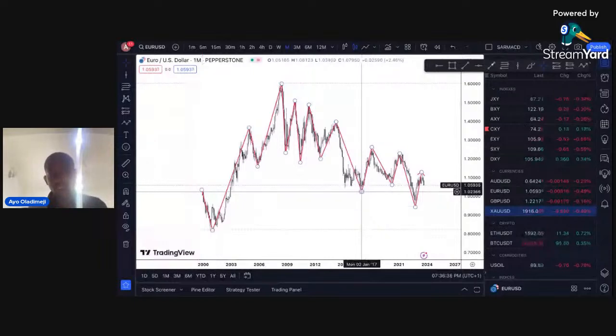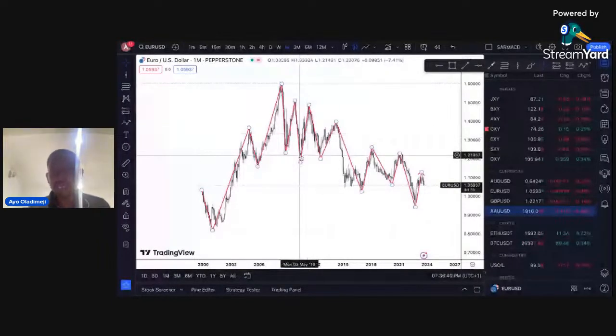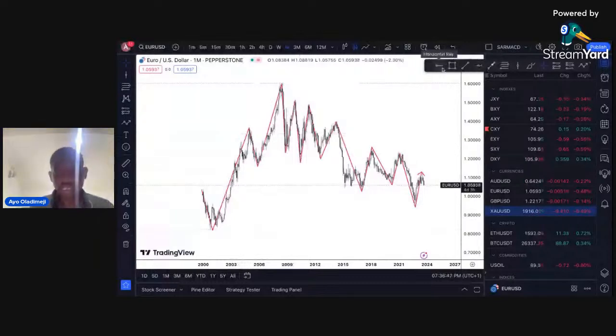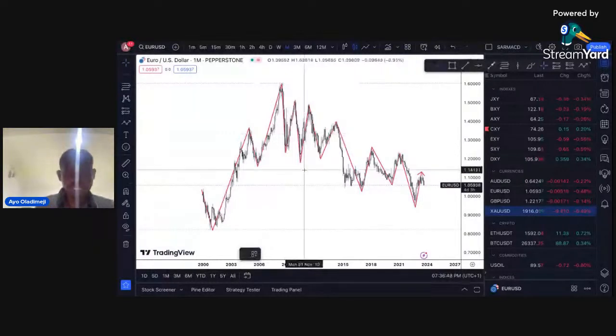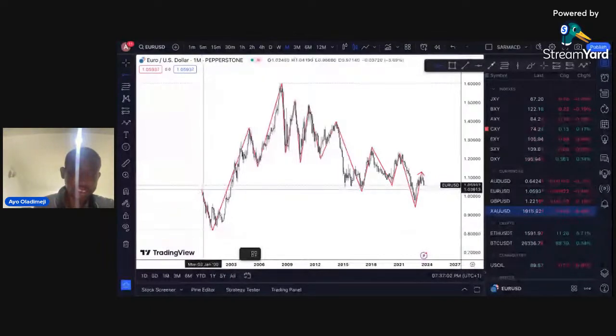So let's now look. Let me pick our support and resistance line, and let's mark. Let's pick this horizontal. Now, the journey started from this chart in December 1999, and price reached this level.